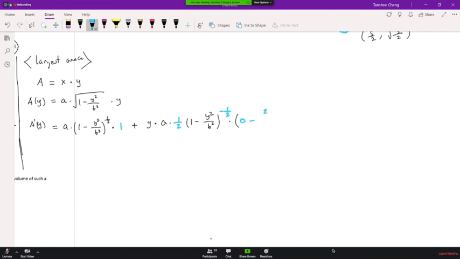That will become 2y over b squared. So that's the derivative of this.